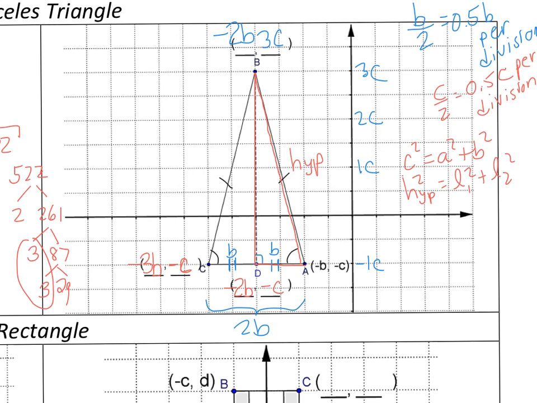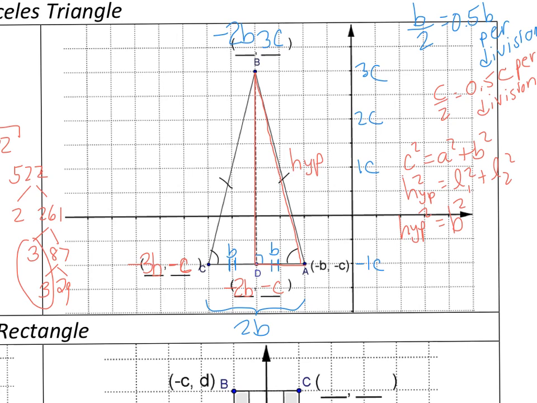So our hypotenuse here, squared, is going to equal one of the legs, which is b. I'm going to square that. And the other leg is our height here. So let's take a look at our total height. Above the x-axis we have a total height of 3c, and below the x-axis we have another 1c.